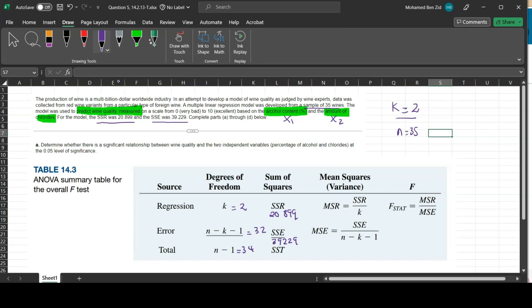The SS total is the SSR plus the SSE, so it equals 20,899 plus 39,229, and you can plug it into the calculator.